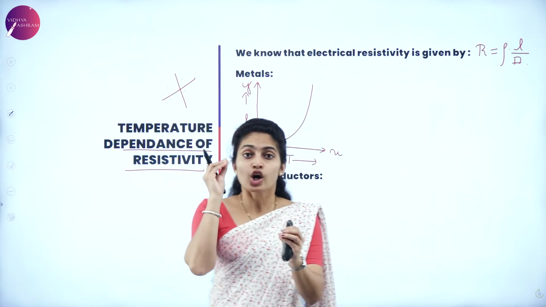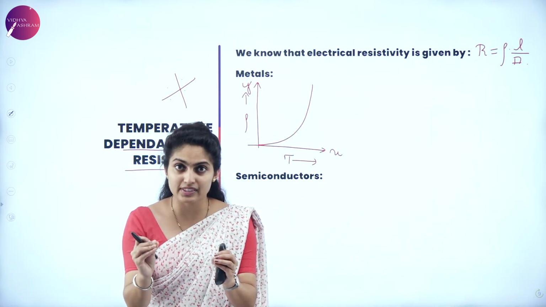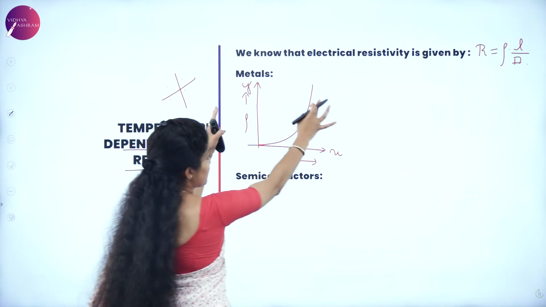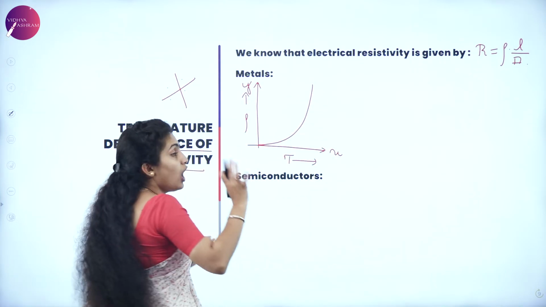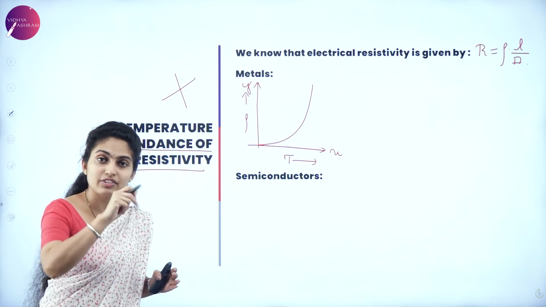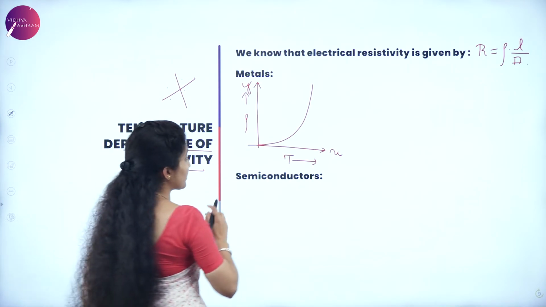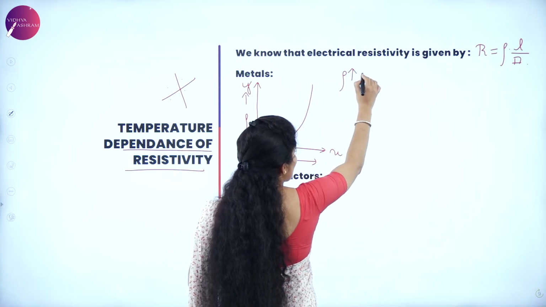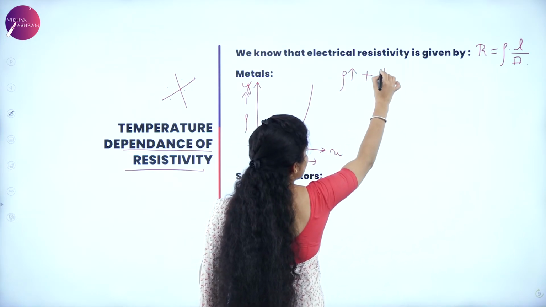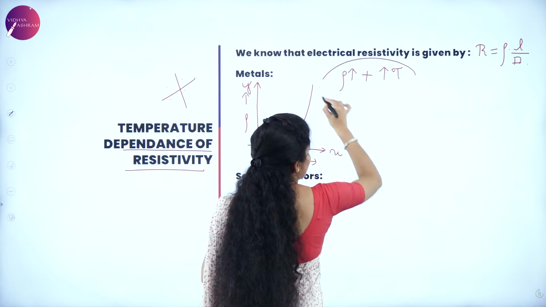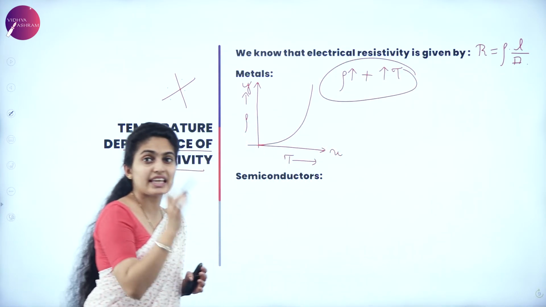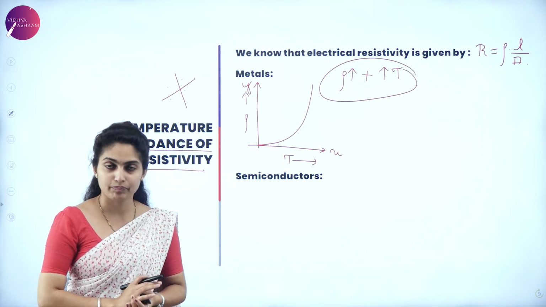So remember, the graph of copper when we compare resistivity and temperature is this picture. You will have to know how the resistivity of copper varies with temperature. That is, the resistivity of copper increases when there is an increase in temperature. So resistivity increases with increase in temperature in the case of metals such as copper.